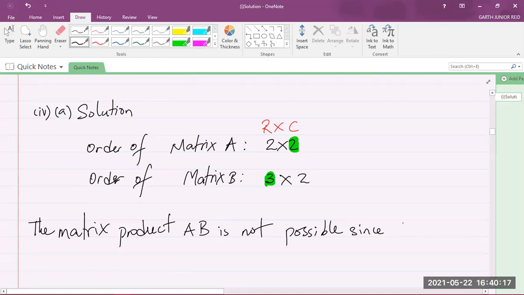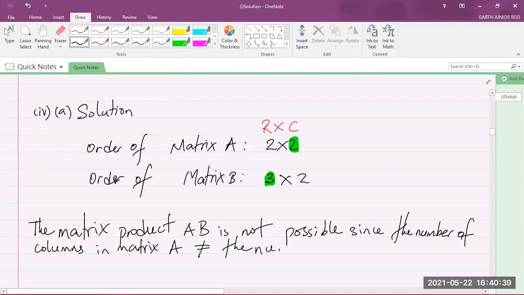So it is not possible since the number of columns in matrix A is not equal to the number of rows in matrix B.